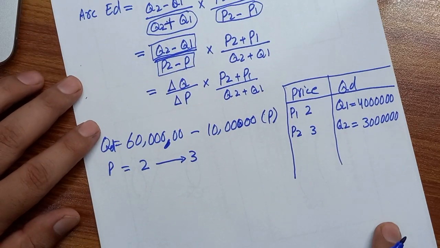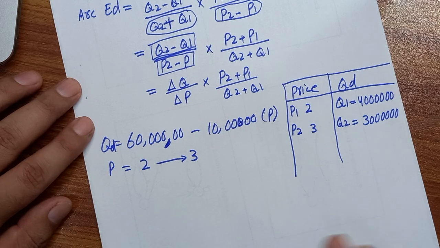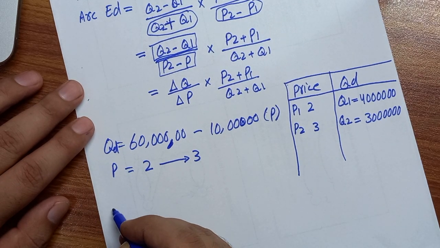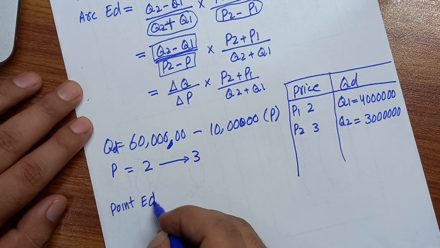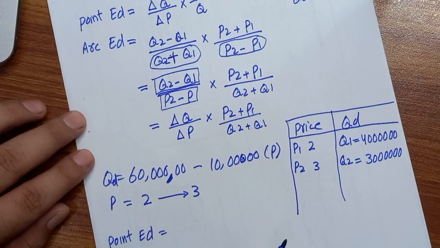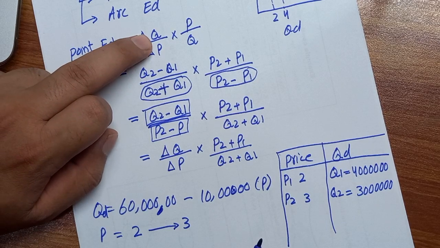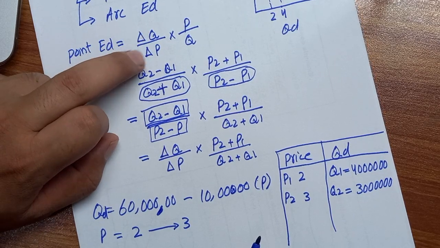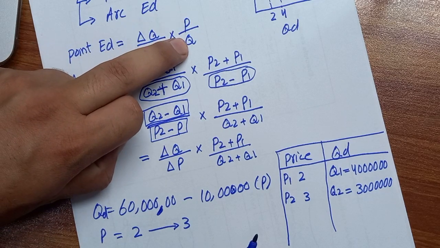Okay, now we are going to find point elasticity of demand, and we will also find arc elasticity of demand. So first I will find point elasticity of demand. The formula of point elasticity of demand is change in quantity divided by change in price multiplied by price divided by quantity.